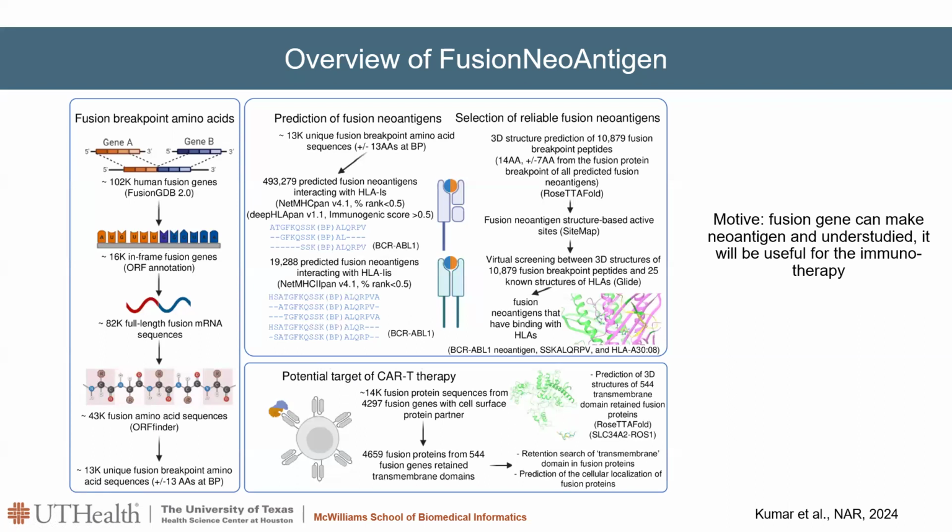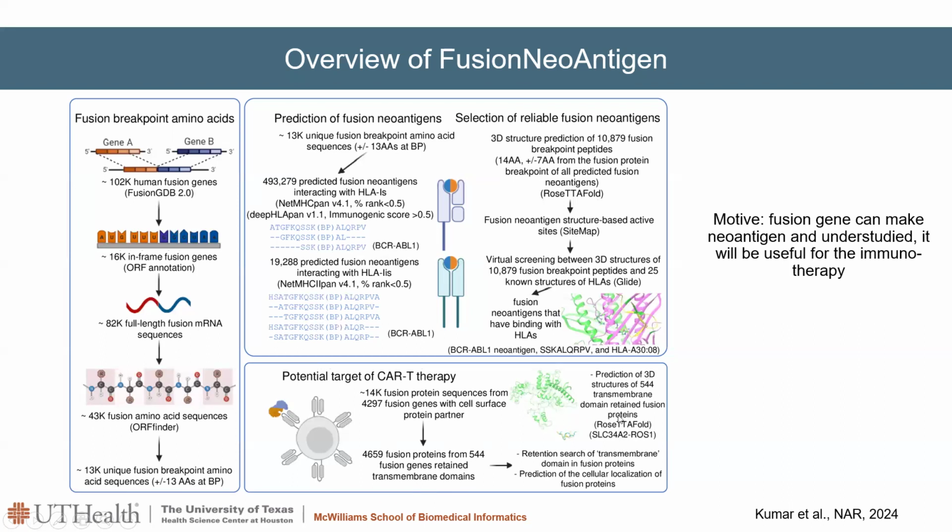We found about 4,000 fusion genes were formed with a cell surface protein partner. Out of these, only 500 fusion genes retain the transmembrane domain. And these 500 fusion genes can make about 5,000 fusion protein sequences.